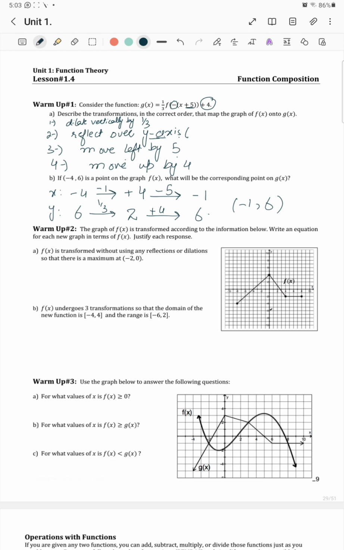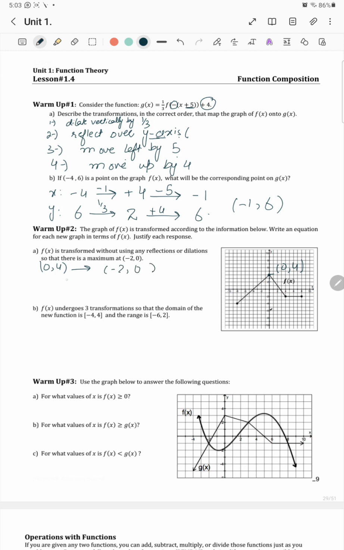The original maximum is at 0, 4, and they are saying the maximum is now at minus 2, 0.